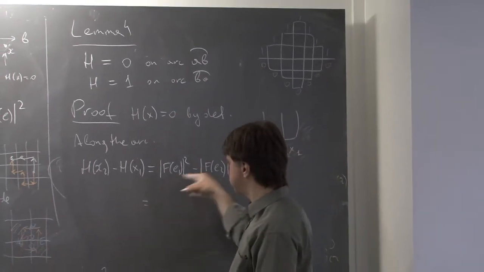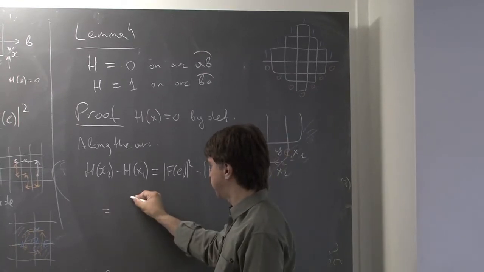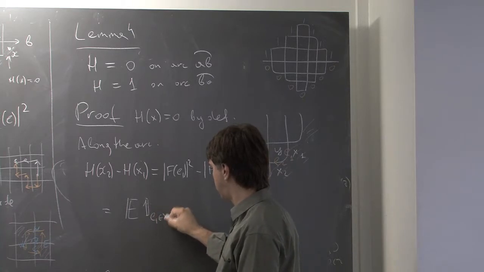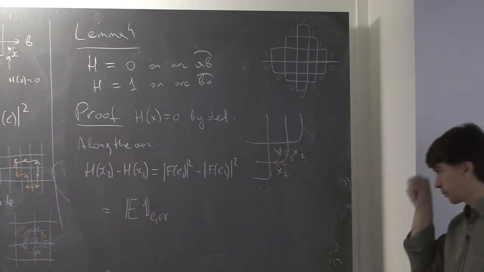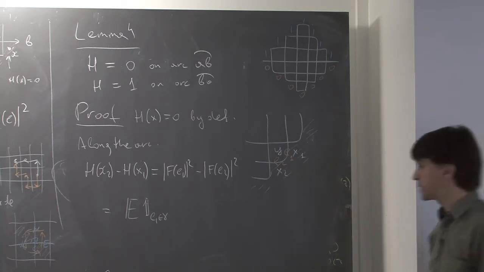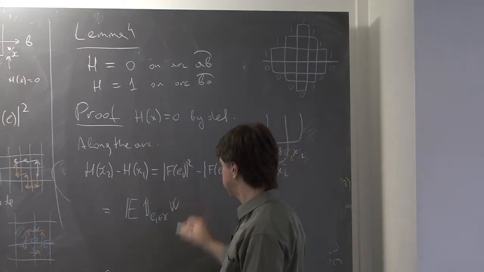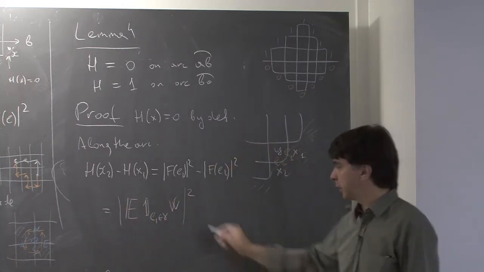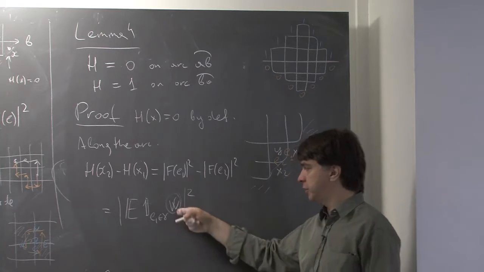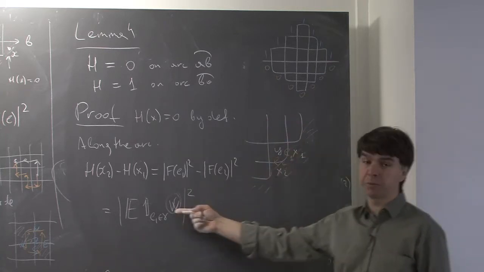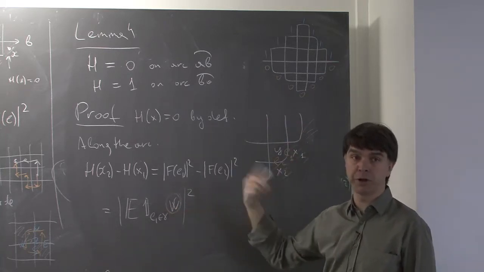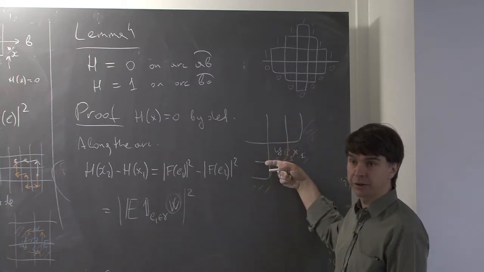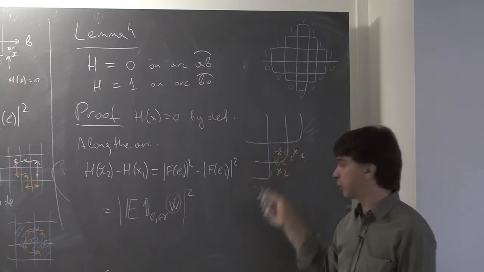But what is f of e1? f of e1 is the probability that e1 belongs to our curve with some complex weight, and then we take absolute value and square. But the complex weight in the usual setting inside the domain can be, for example, +1 or -1, depending on how many turns we make. On the boundary, it always has the same sign, or the same argument, because on the boundary we always make the same number of turns.